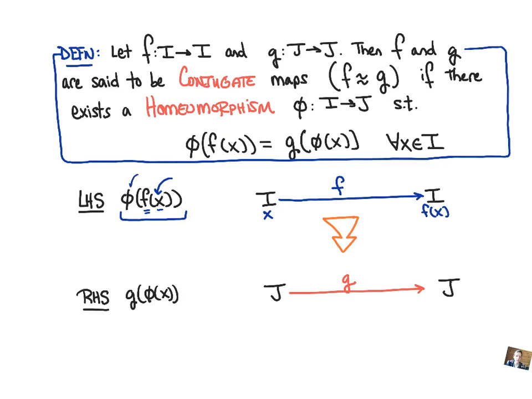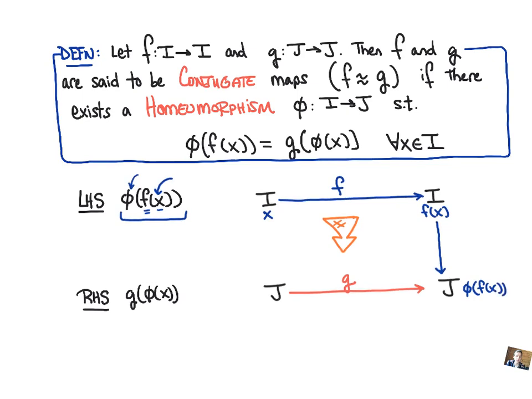So watch what this left-hand side is saying. I start with x, which I did there. I apply f of x, so now I'm over here with f of x. And then I apply this transformation map phi, which is going to allow me to make this jump down. So I go from f of x over here, and phi takes an element from f of x and brings it into J. So I actually end up with phi of f of x.